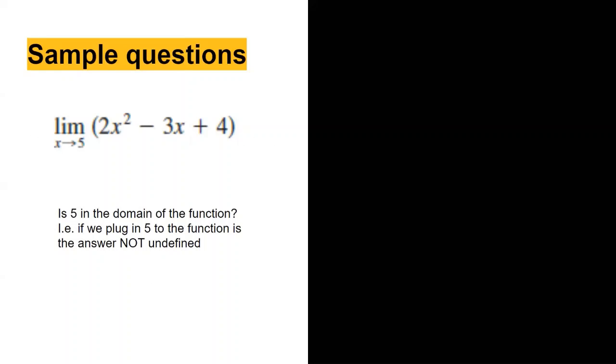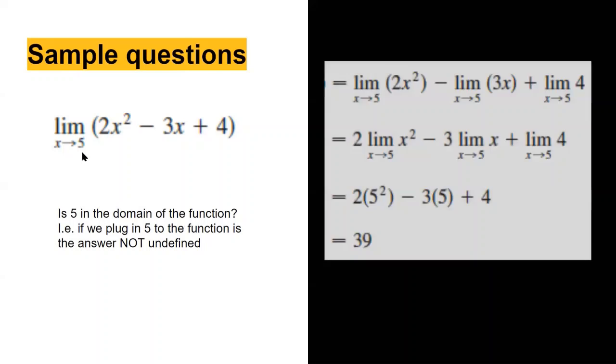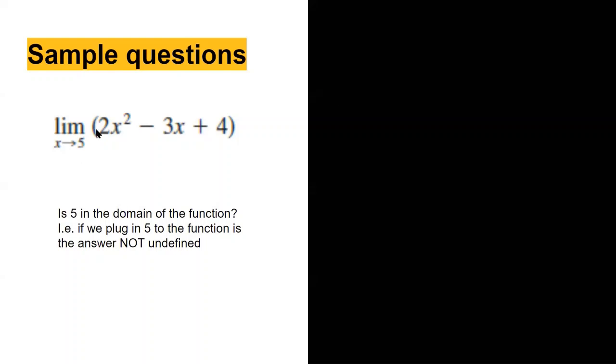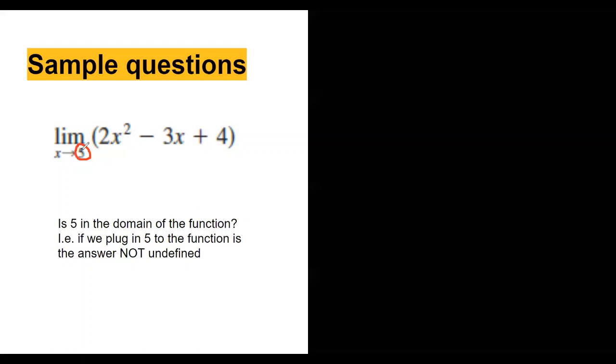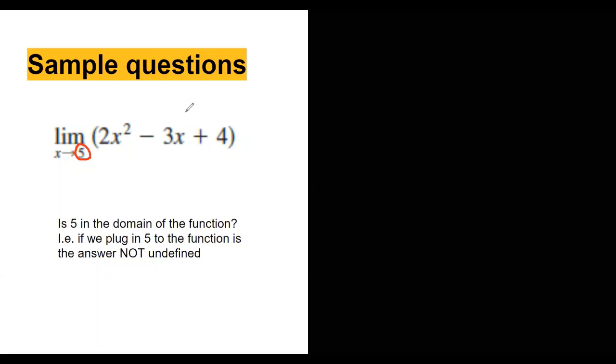For example, for simple question 1, we have limit x tends to 5 and the given function is 2x squared minus 3x plus 4. Now, what property can we use here? To understand how to begin, it's always a good idea to put the value that x tends to into the function. In this case, if x tends to 5, you begin by putting 5 in the given function.